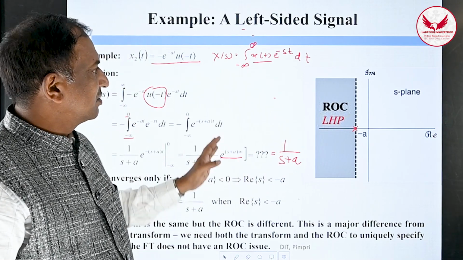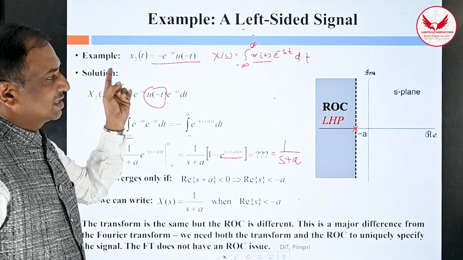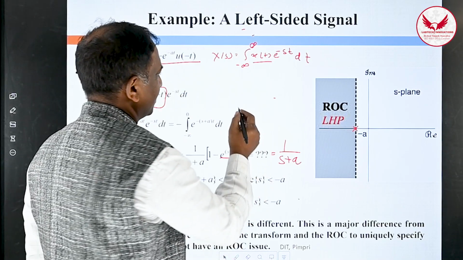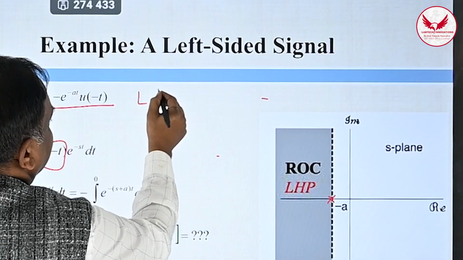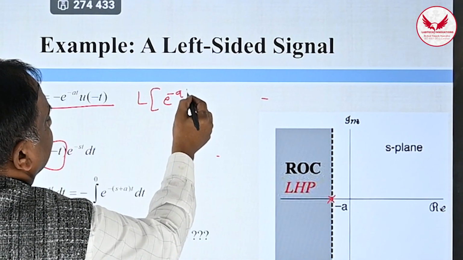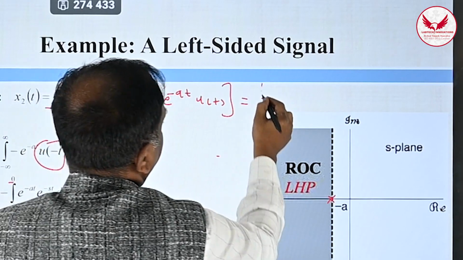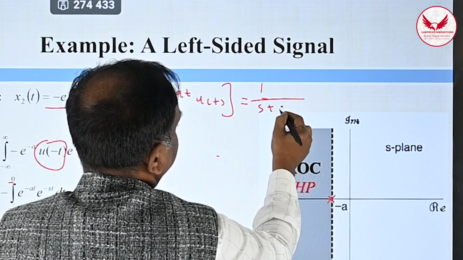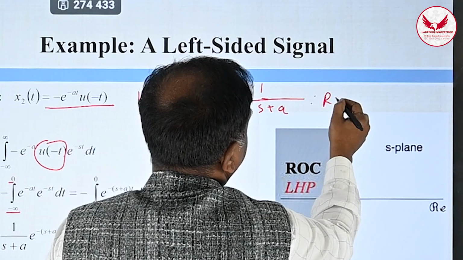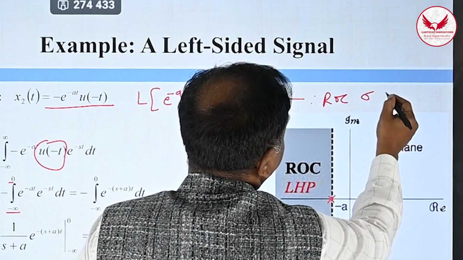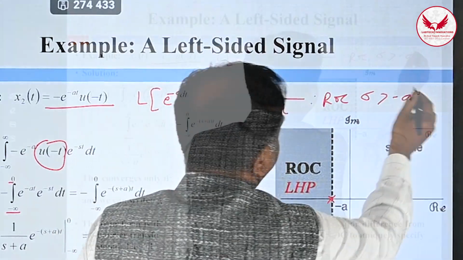So accordingly you can find out, and if you observe the Laplace transform of the previous signal, which is a very important observation: the Laplace transform of e raised to minus at u of t is equal to 1 upon s plus a. However, the ROC is sigma greater than minus a.